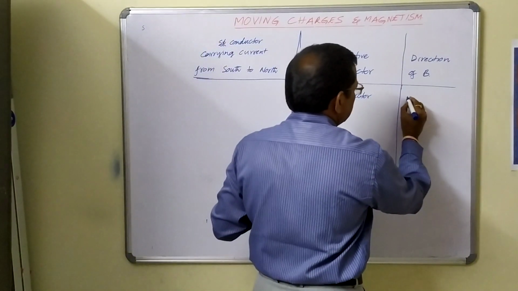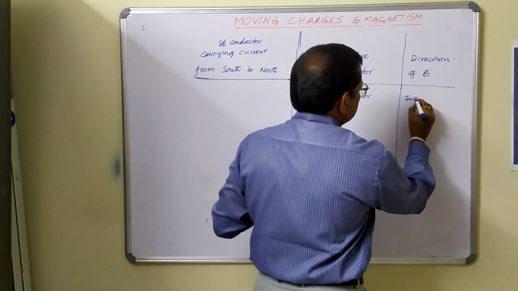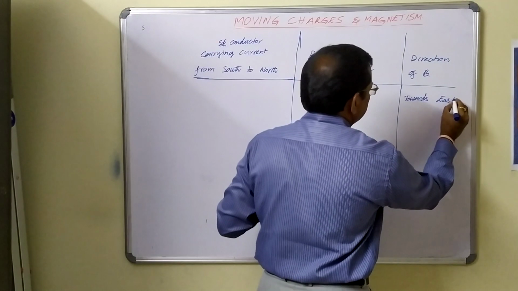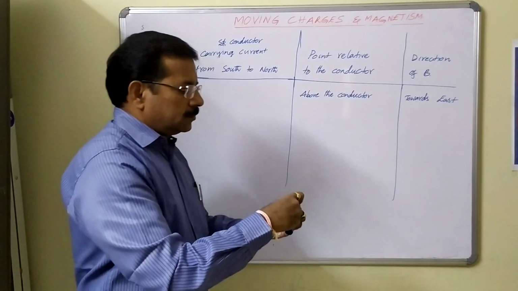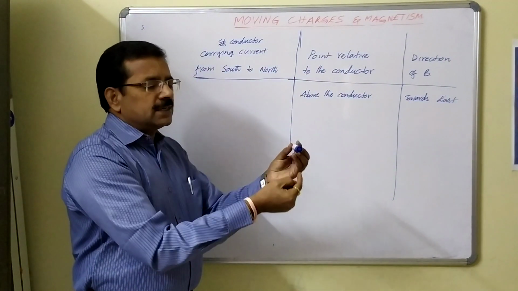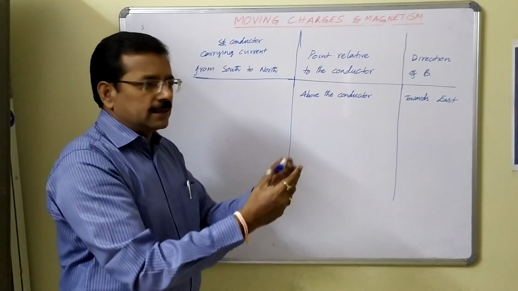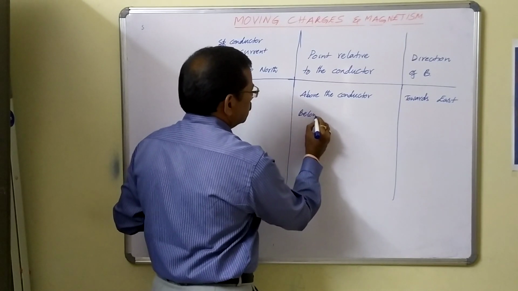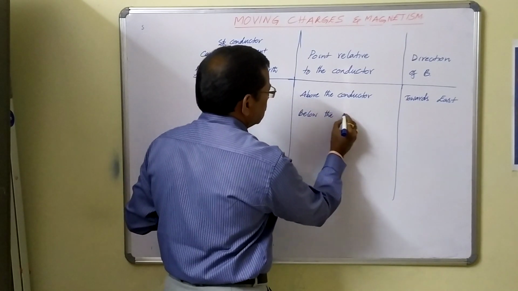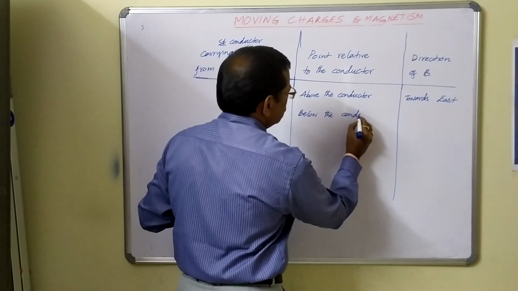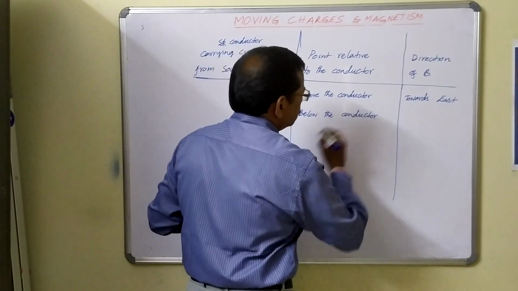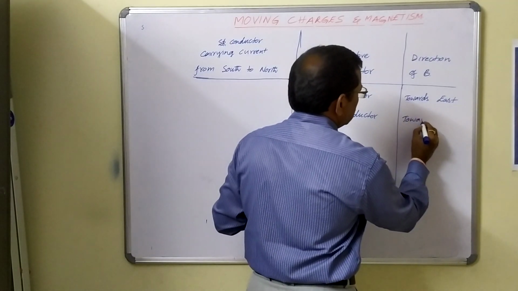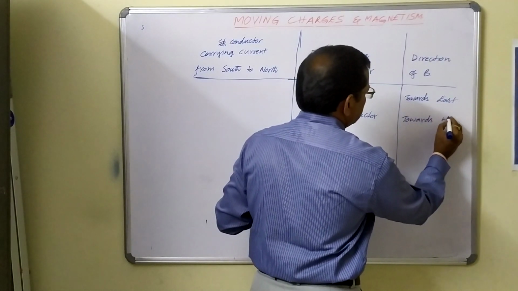The direction of B is towards east. What about the direction of magnetic field induction at a point below the conductor? Obviously, it is towards west.